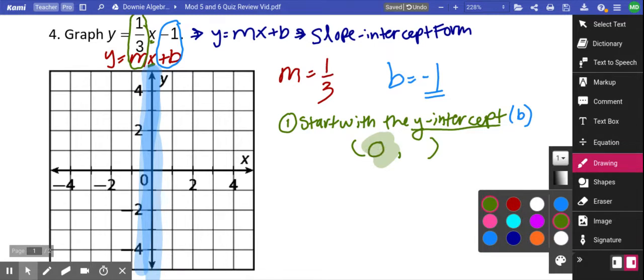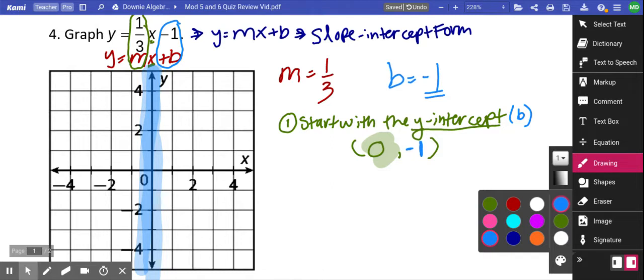So I have 0 as my input, and my output is my y-intercept value at -1.